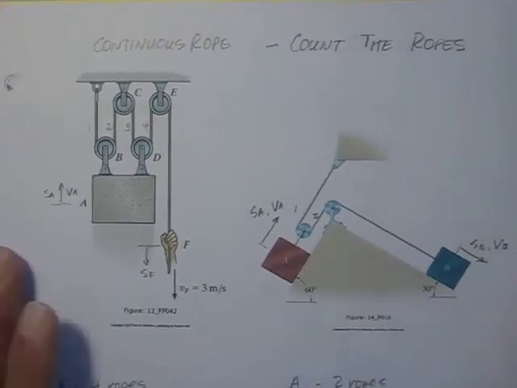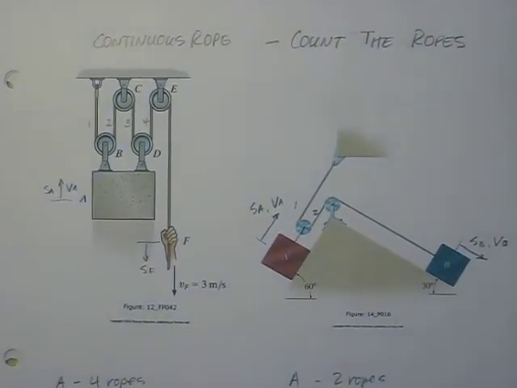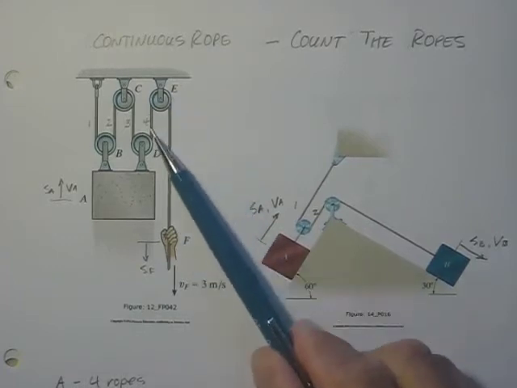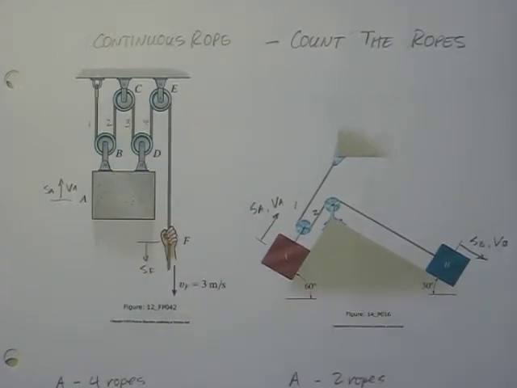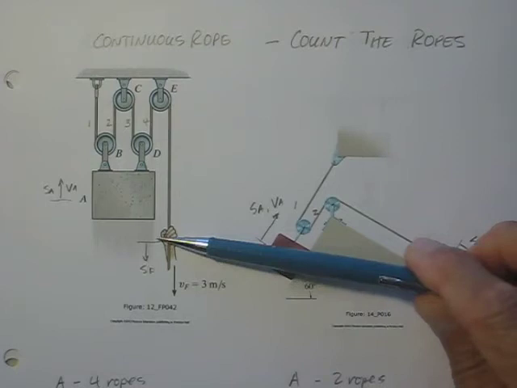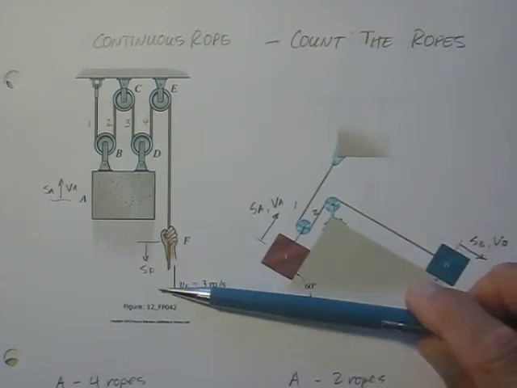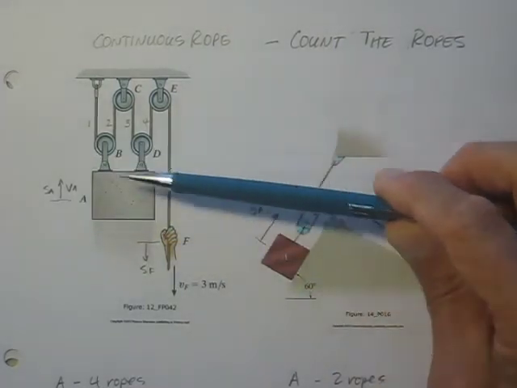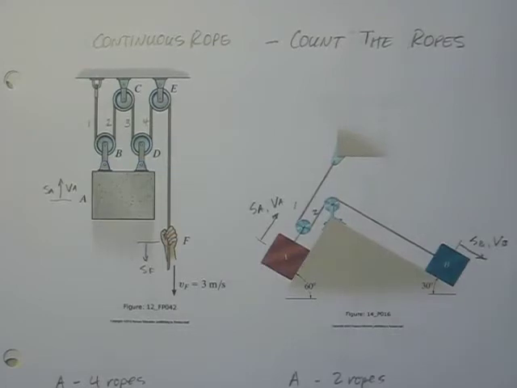All right, so here is a simple pulley system. Right here, where we're going to pull down, you can see that it is one continuous rope, and we can relate the displacement of F, the hand, going down with the displacement of A, the block, going up by counting the ropes.